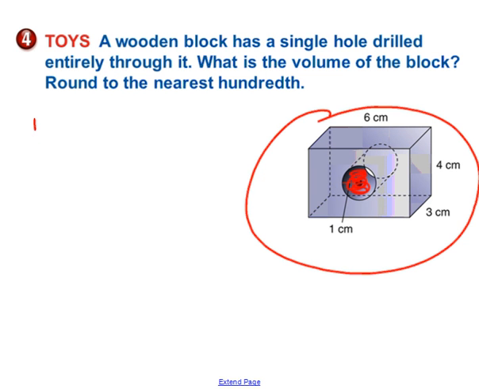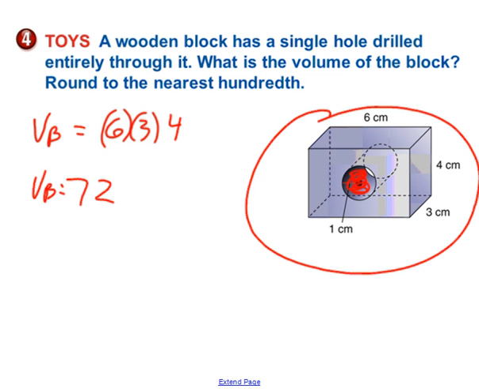So the volume of the block is equal to the base, which in this case would be 6 times 3, width times length, times the height of 4. 6 times 3 is 18, 18 times 4 is equal to 72. So that's the volume of the block if there was no hole.